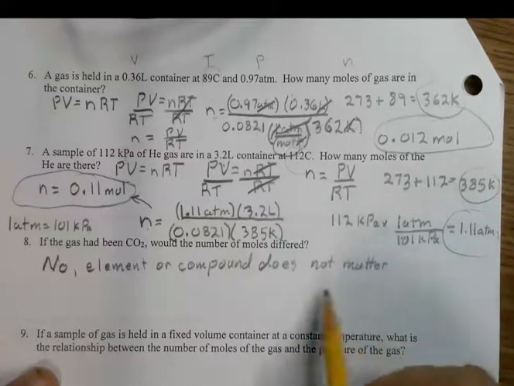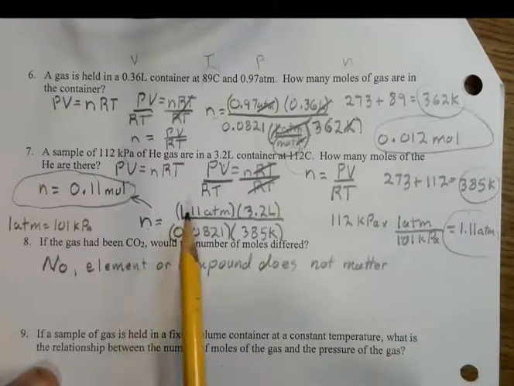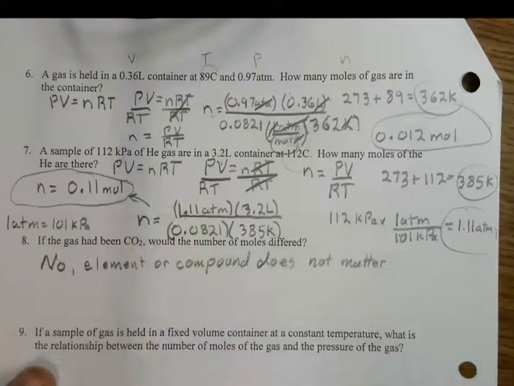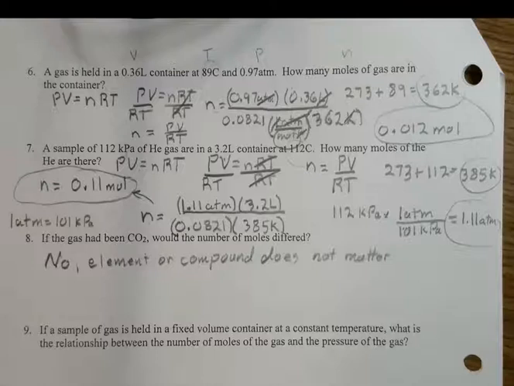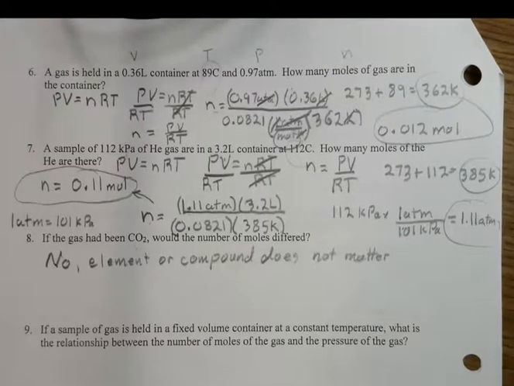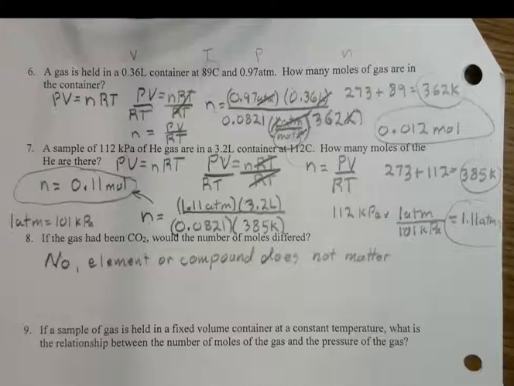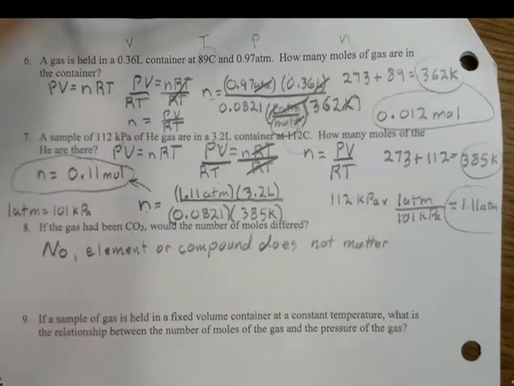Because we're really not doing chemical equations here, whether CO2 is chemically different than helium. We're simply doing physical relationships between pressure, temperature, volume, and moles, number of molecules, in other words, or number of particles. All right, let's keep going.